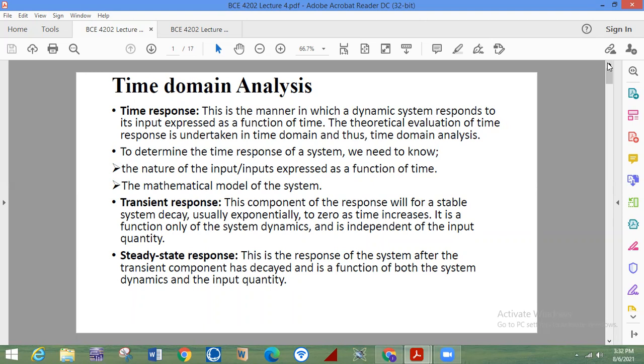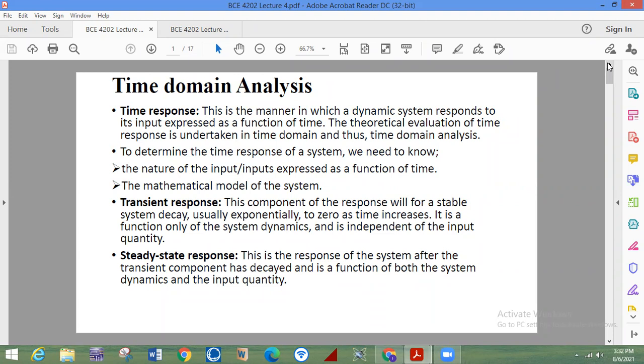The pipeline, for example, may be cylindrical. So if it is cylindrical, what material is it made of? Is it plastic? Is it metallic? If it's metallic, what kind of a metal is it? Is it cast iron? So those are system dynamics.